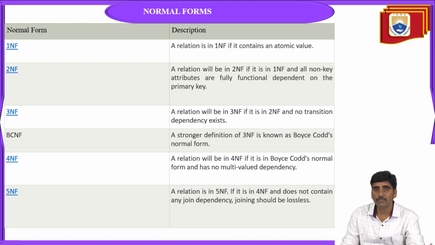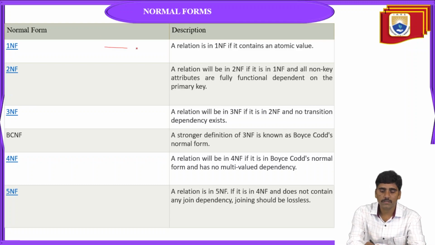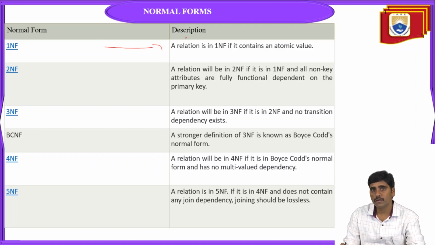Here is each normal form and its description. The first normal form description: a relation is in first normal form if it contains atomic values.